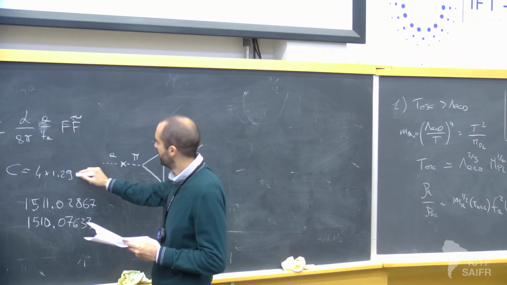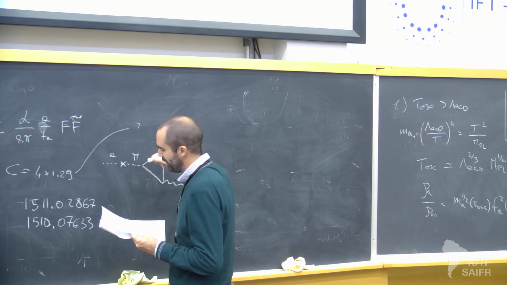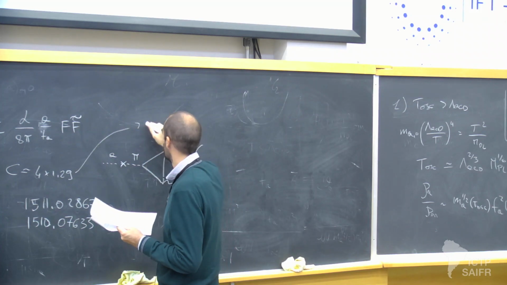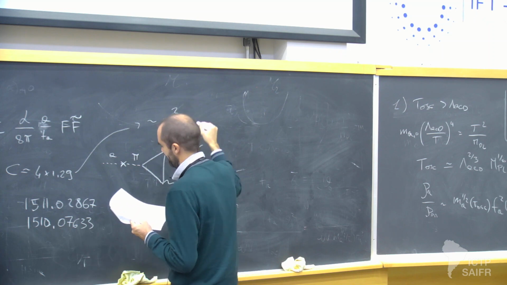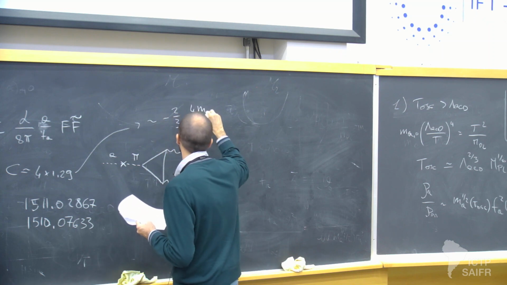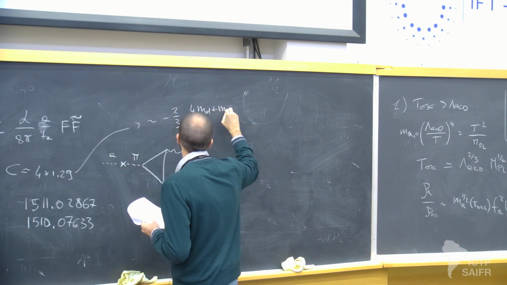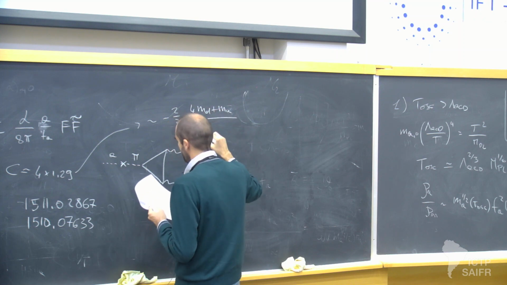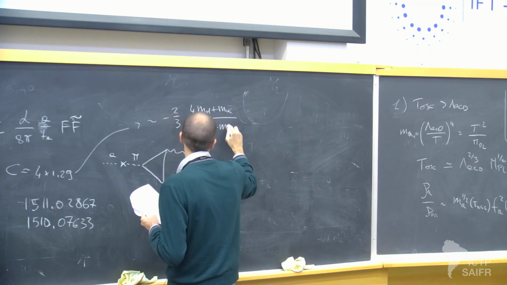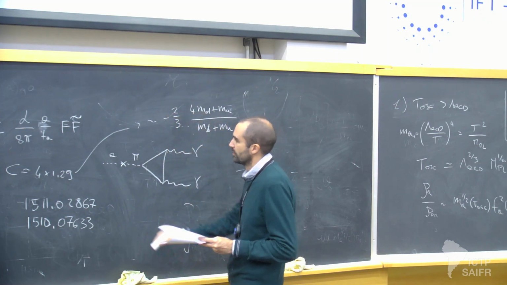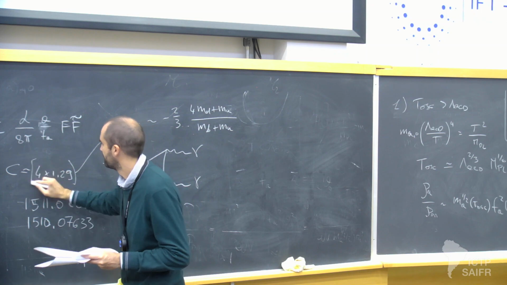And if you want to know where this number is coming from, it's really just a ratio of quark masses. So it's roughly minus 2/3 for m_d plus m_u over m_d plus m_u, so this whole object.